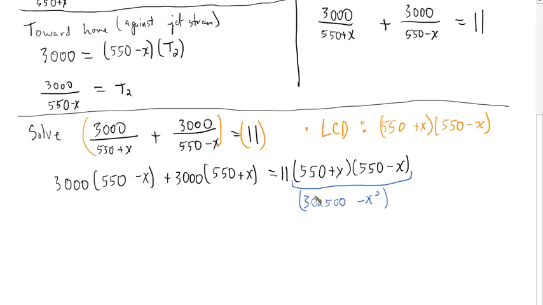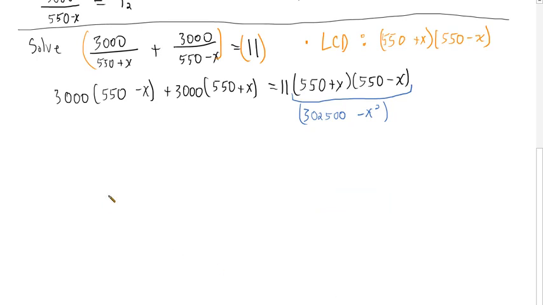All right, so let's simplify this equation some. 3,000 times 550, using a calculator here in the background, is 1,650,000. So I have 1,650,000 minus 3,000x, and then I have 3,000 times 550 plus x, so that's 1,650,000 plus 3,000x.